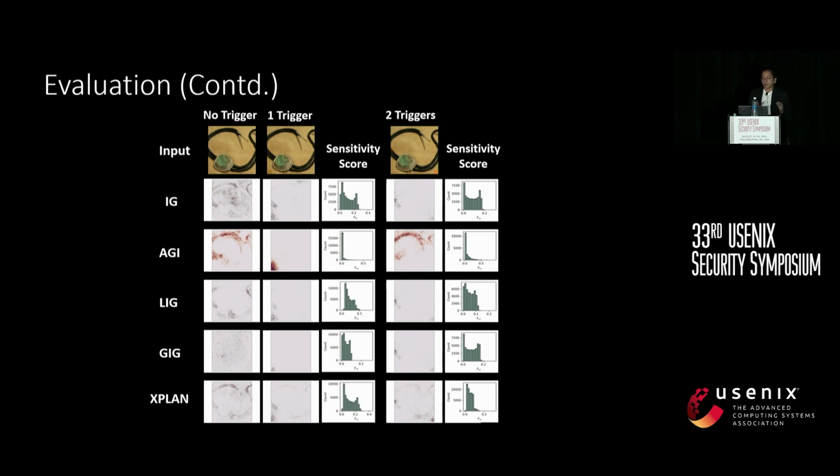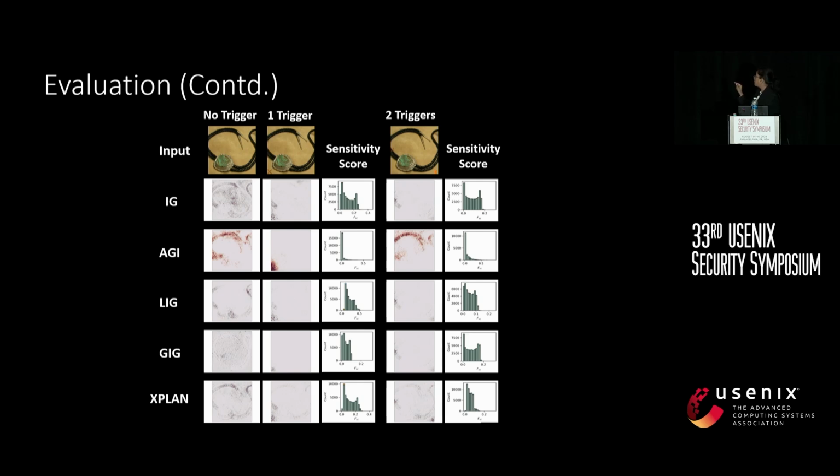So we compared again our approach against the path gradient methods for no trigger, 1 trigger, and 2 triggers. And we also computed the sensitivity score of the most important features against the remaining features. As one can see, in the 1 trigger case, our approach was perfectly able to discern the trigger features as well as their relationship with the other objects, that is the watch in the input sample, but other methods were not able to do that.